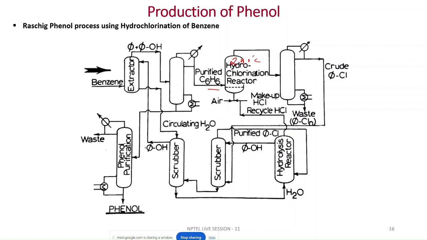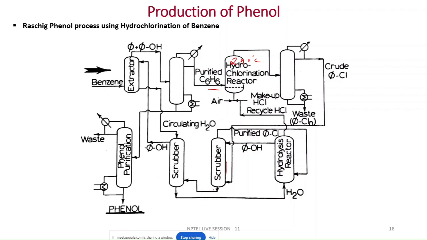Those are taken to the fractionator. At the top, the lighter portion represents the benzene part. Crude monochlorobenzene is separated as a top product and fed to the scrubber where it is scrubbed.